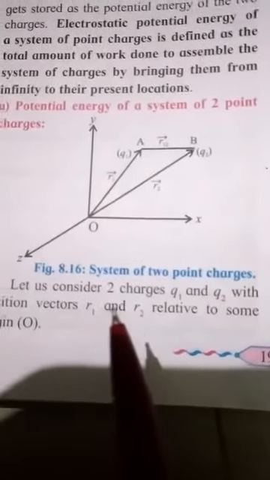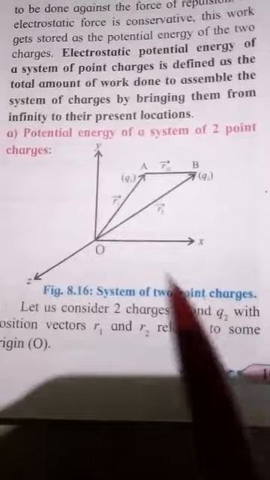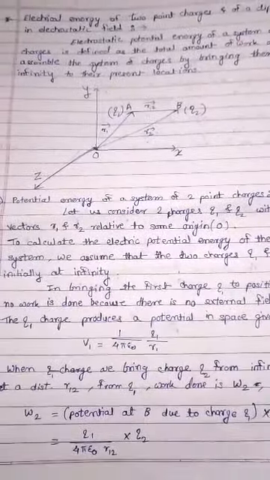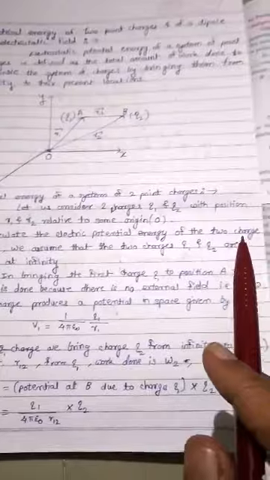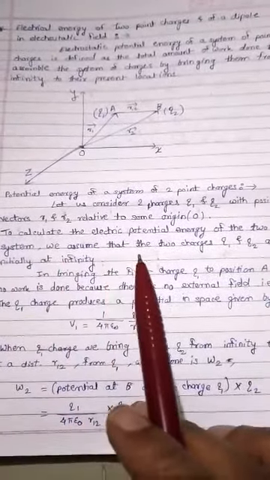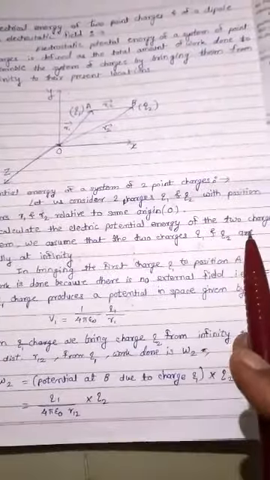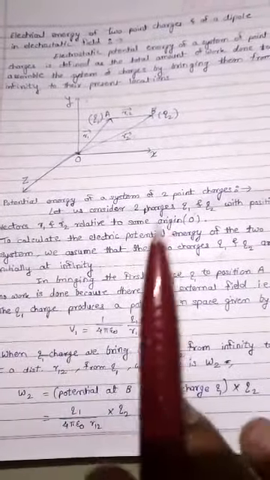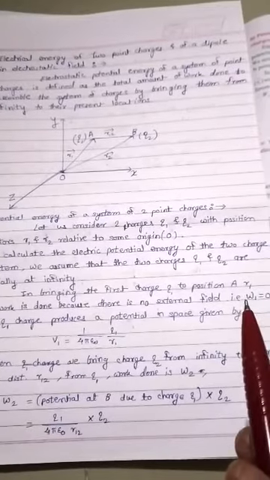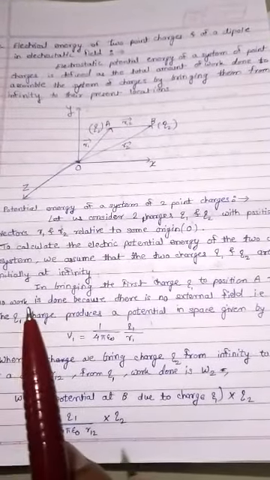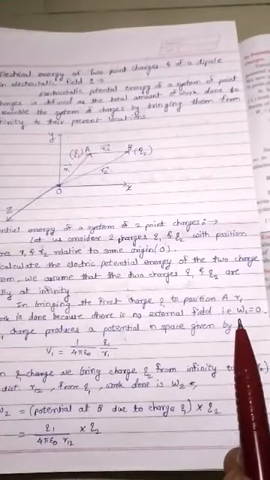So let us consider two charges Q1 and Q2 with position vectors R1 and R2 relative to some origin O. To calculate the electric potential energy of the two charge system, we assume that the two charges Q1 and Q2 are initially at infinity, and in bringing the first charge Q1 to position R1, no work is done because there is no external field, that is W1 is equal to 0.